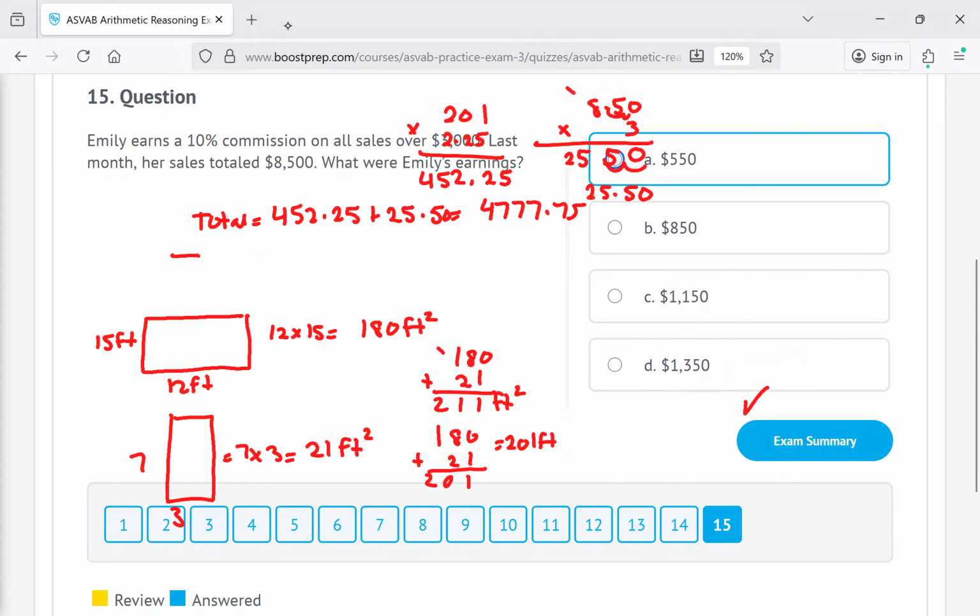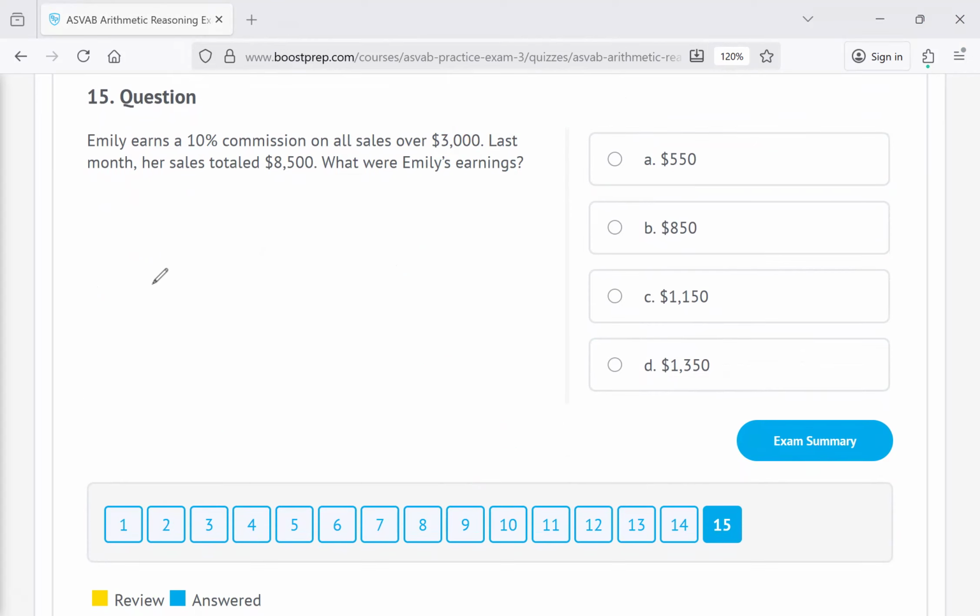Not too bad. Oh, look, we do have time now. Last one. Emily earns 10% commission on all sales over 3,000. Last month, her total sales were 8,500. What was her earnings? So let's figure out how much she went over.